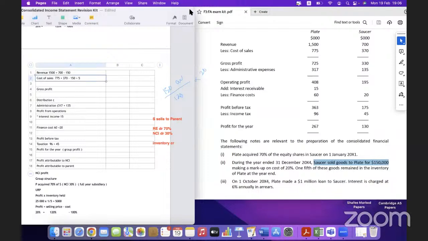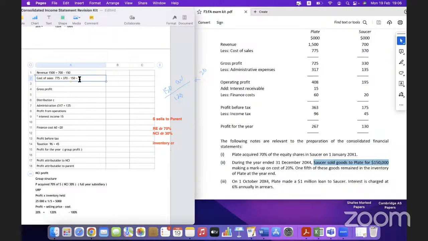So like I said earlier, it doesn't matter who sold to whom. See, guys, in the earlier question, the parent sold. What did we do? Added to cost of sales. Why? Because in the double entry, inventory becomes credit. Here, who is the seller? The subsidiary. Still, we are going and adding this to cost of sales. Why? Because the inventory gets credit here also.